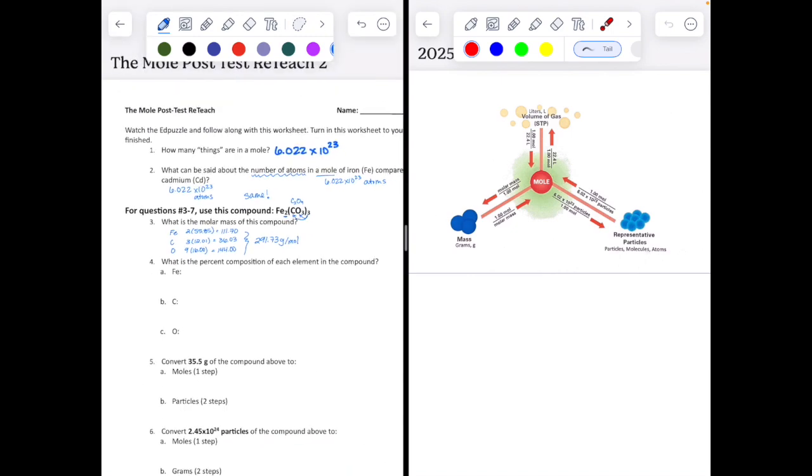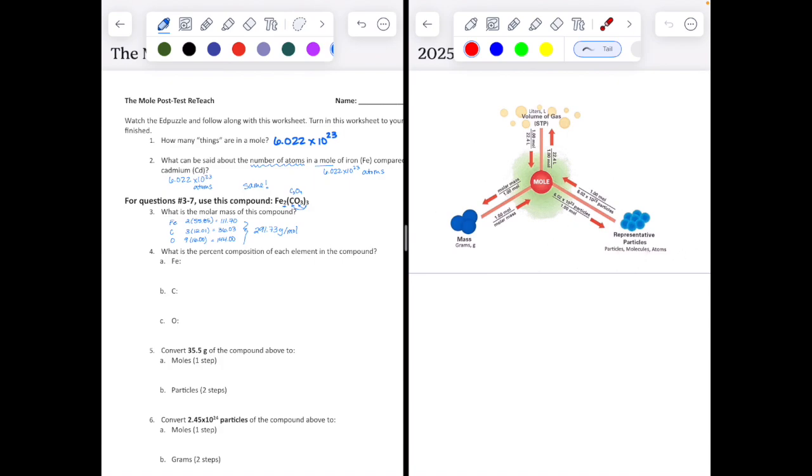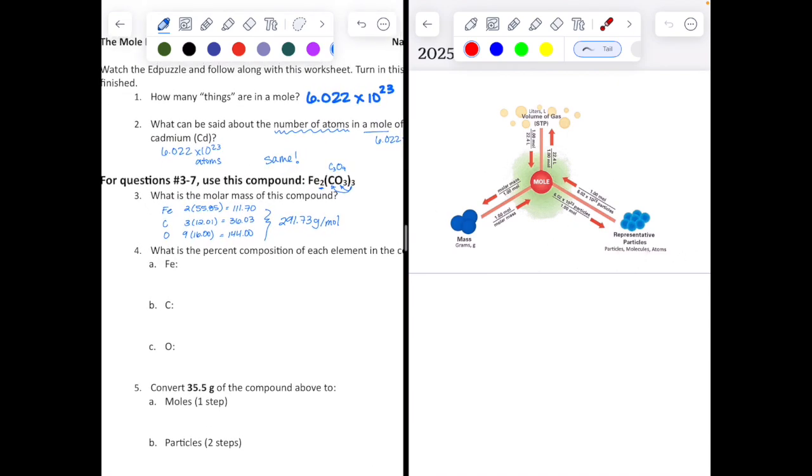And the next question wants us to do the percent composition of each element in the compound. And so for iron, we're doing the percent composition by mass. And I also have to take into consideration how much iron is in the compound. So I can't just do 55.85. I need to do 111.7. If I just did 55.85, I wouldn't be doing the percent composition of all of the iron in the compound because I have 2 irons.